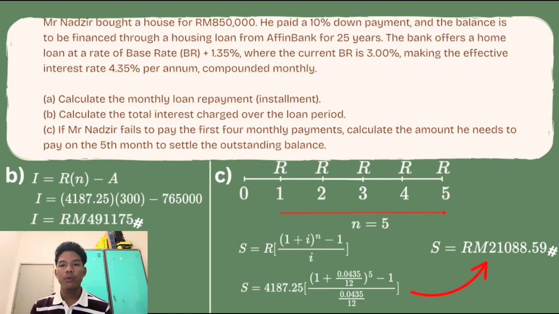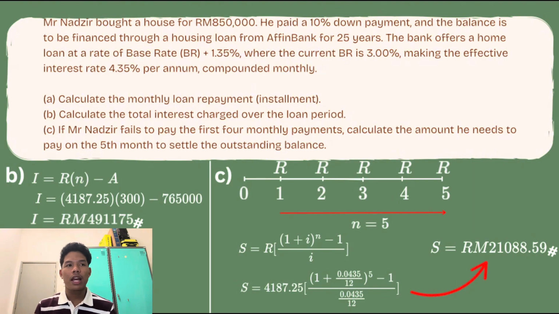Next, B. Calculate the total interest charged over the loan period. So the formula is I equals R bracket N minus A. So I equals 4,187.25 and bracket 300 minus 765,000. So I equals RM491,175.